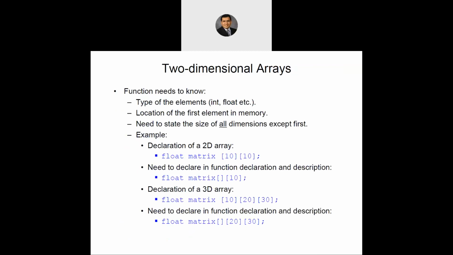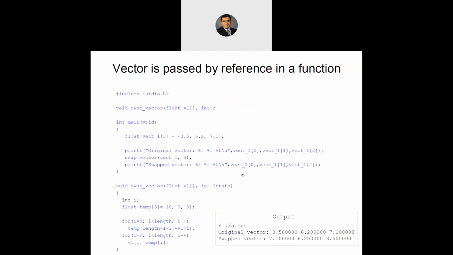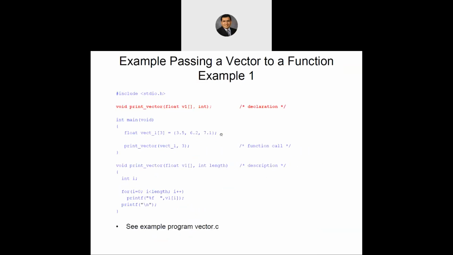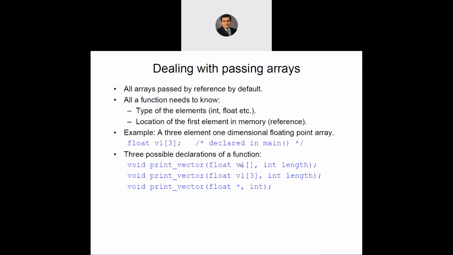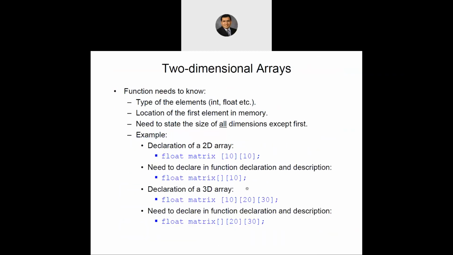So when you declare a one-dimensional array, I told you, you can either declare it like this, or like this. In a two-dimensional array, the concept is something like that, only with the first dimension.